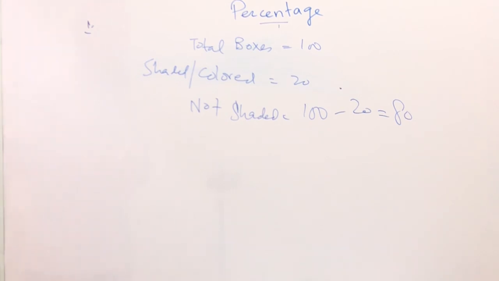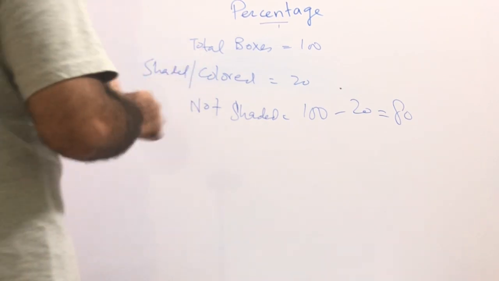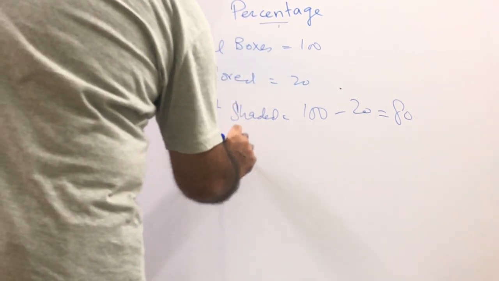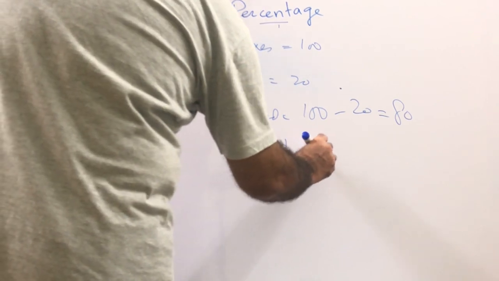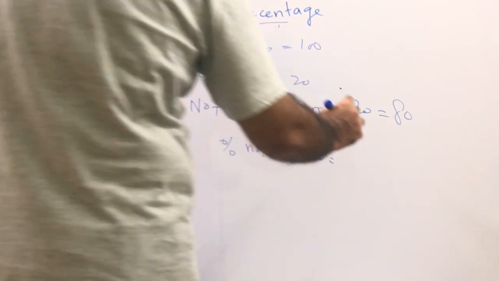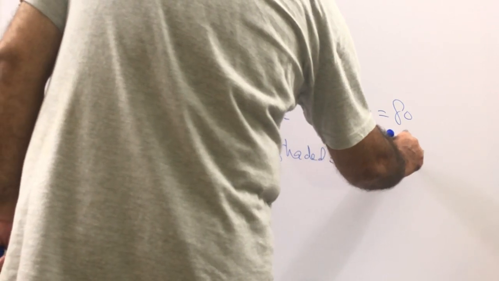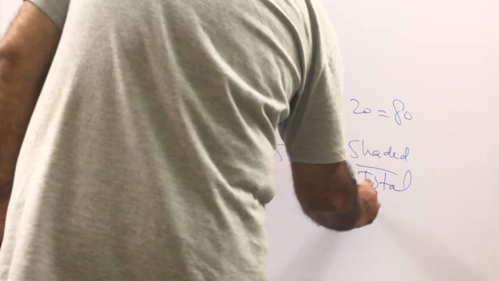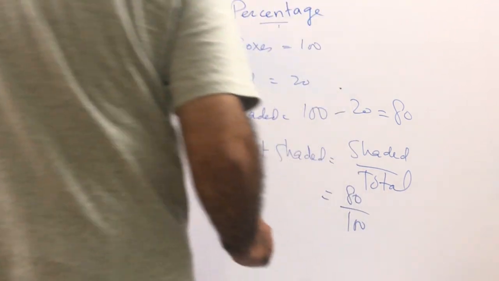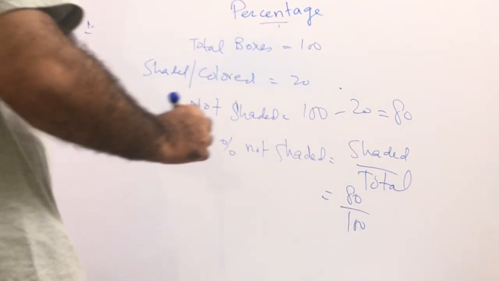But we need to get the answer as a percentage, which is out of 100. So the not shaded part is 80 over 100.